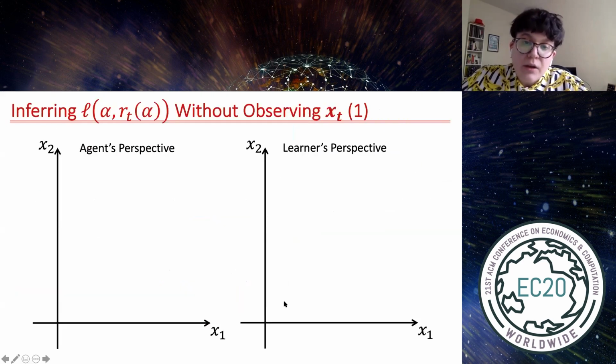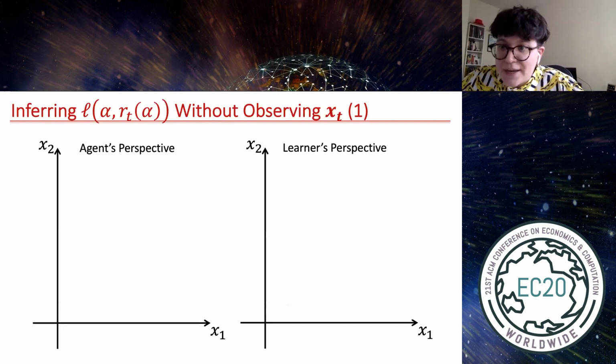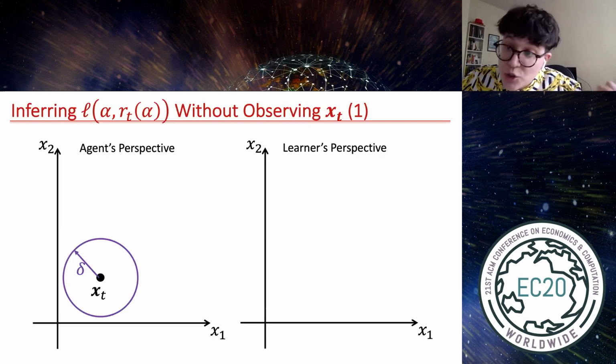And here's why this gives you a nice perspective. In the next 2 slides, I'm going to explain this to you. So from the agent's perspective and the learner's perspective, there's an information mismatch, should I say. So the agent gets to observe their true feature vector, and they get to see where exactly they can move.